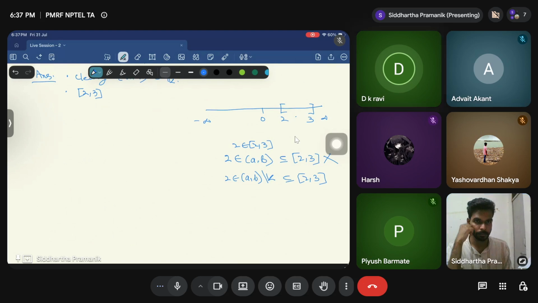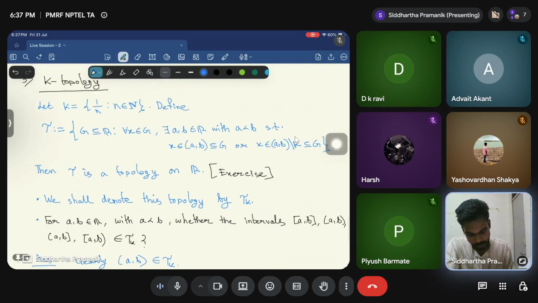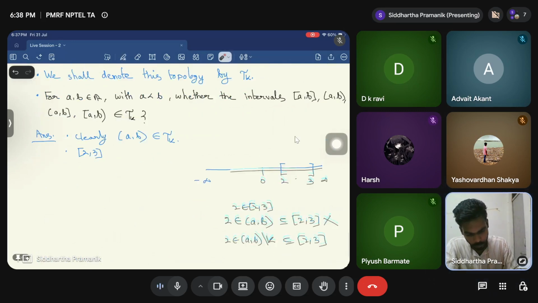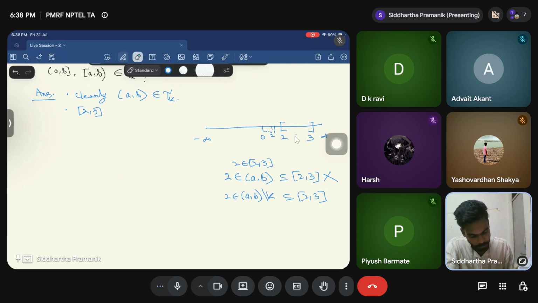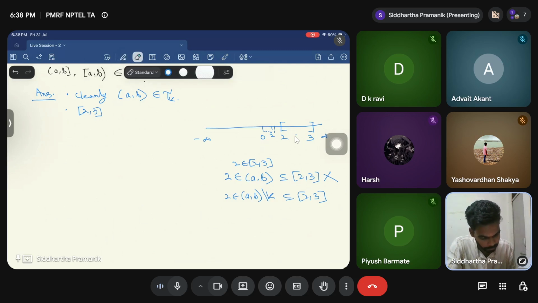So what is our K? K is just 1 by n. So our K lies here: 1, 1 by 2, and so on. So it is outside the range of that set. Maybe I'll just leave it to you to observe these things.